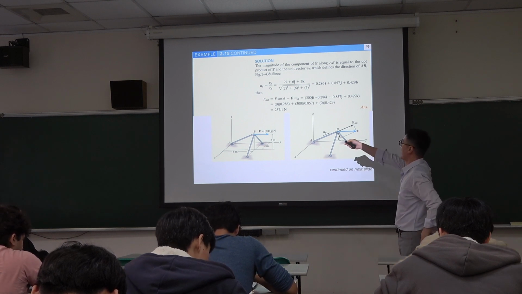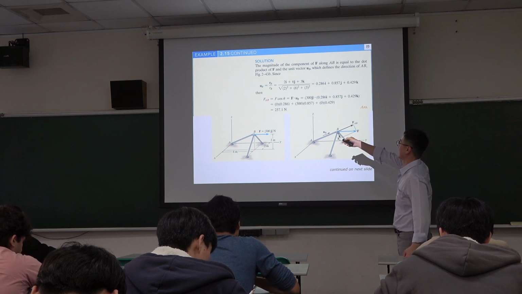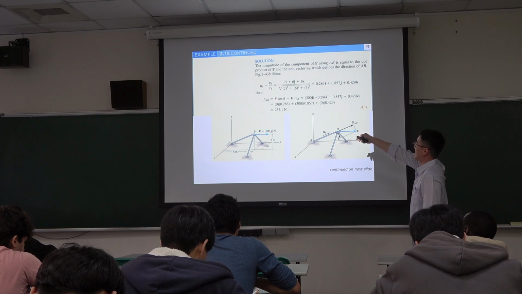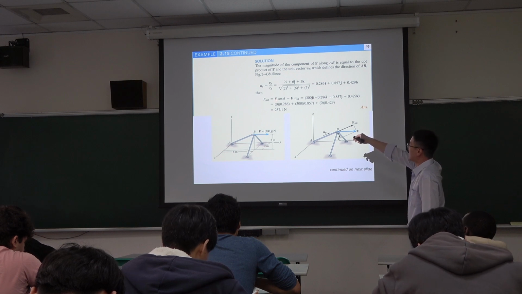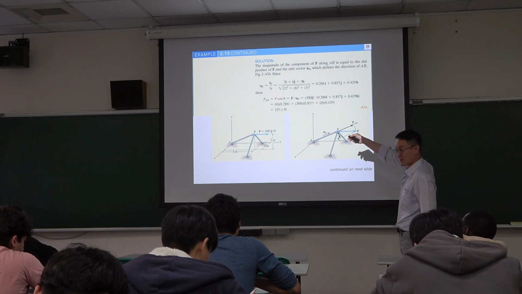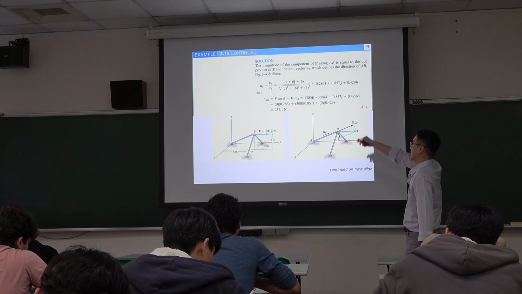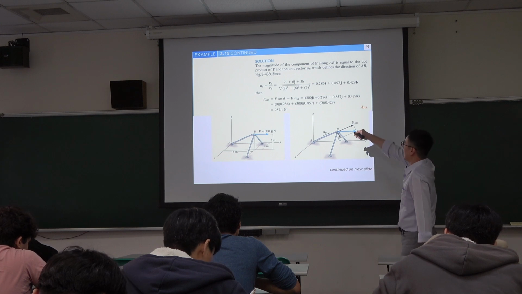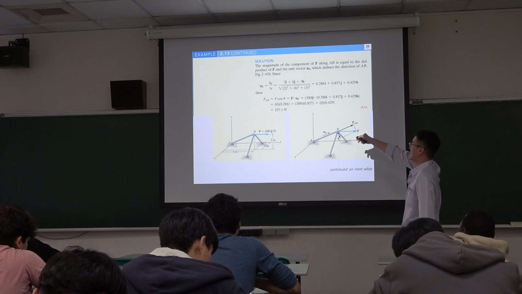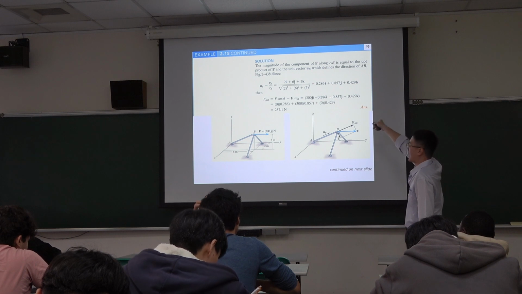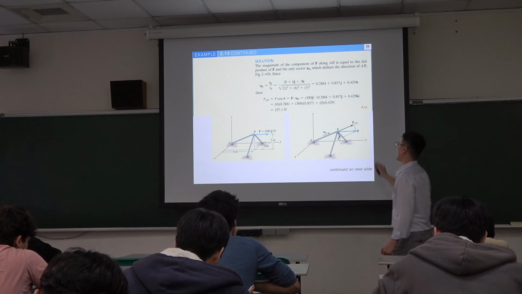Then the force. We can use cosine theta to work it out, but in a three-dimensional problem it's not easy to work out theta, so we can use the dot product. For the dot product, we already know the force vector is 300 J, and the unit vector has been worked out here, so its dot product is here.